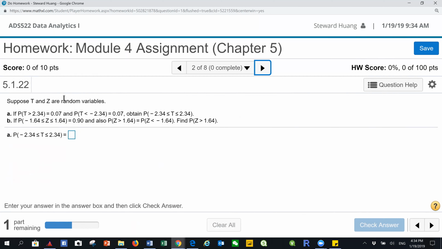Now here we have T and Z. Of course, this is supposed to be in the section for continuous probability, but it is brought in here just so that you have some basic concept of probability established.